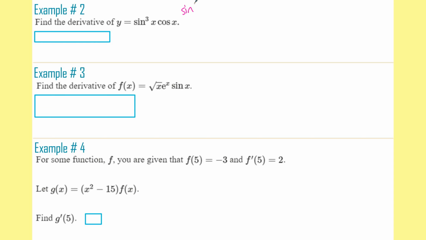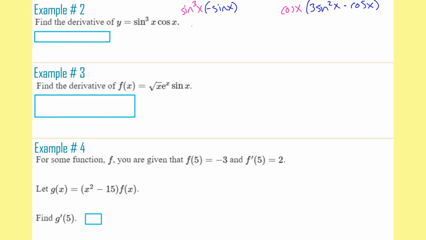So you have sine x cubed, and then you have cosine x. The derivative of sine cubed is just a function within a function. So that's 3 sine squared x times the derivative of sine, which is cosine. The derivative of cosine is negative sine.